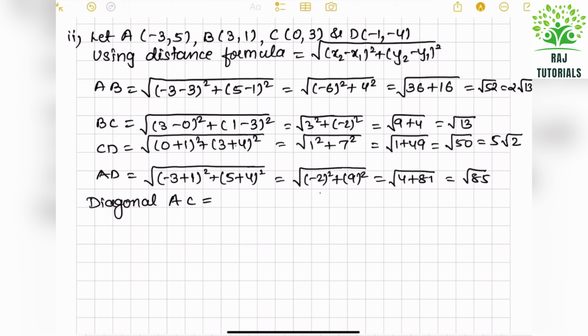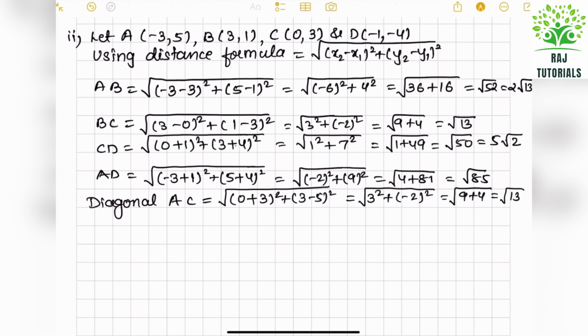Diagonal AC equal to (0 minus of minus 3), so plus 3 whole square plus (3 minus 5) whole square. So that is 3 square plus (-2) whole square. So 9 plus 4, root 13.